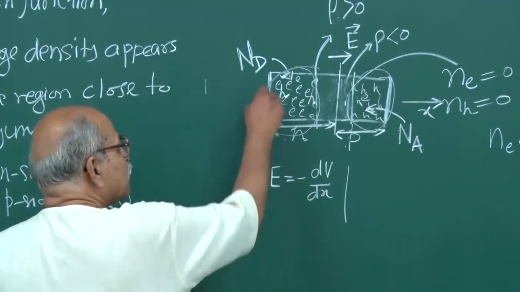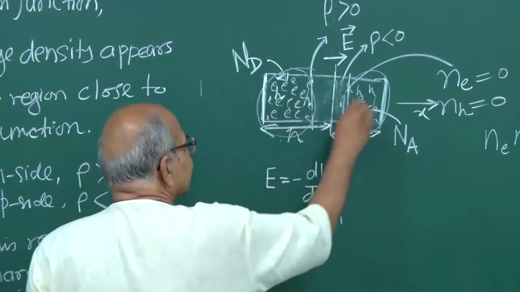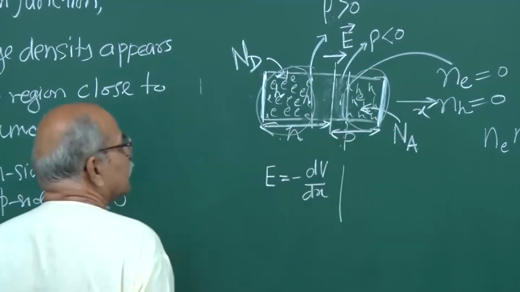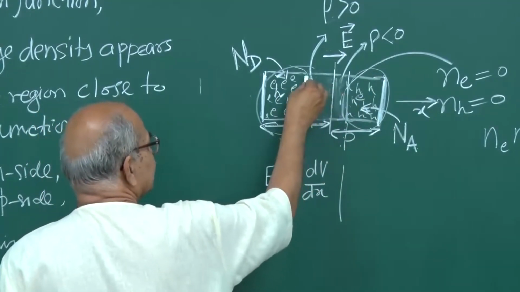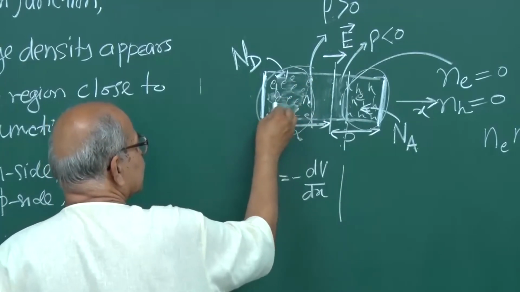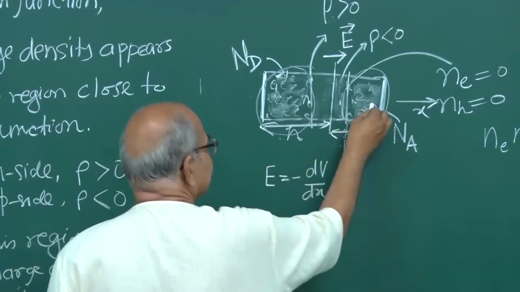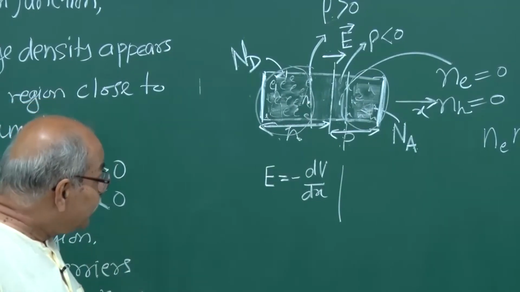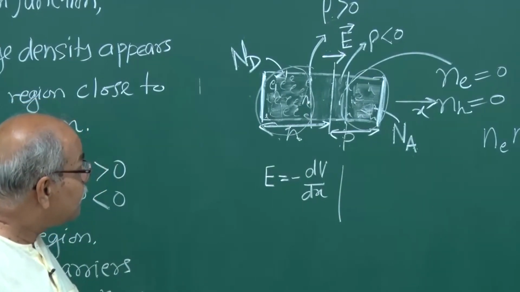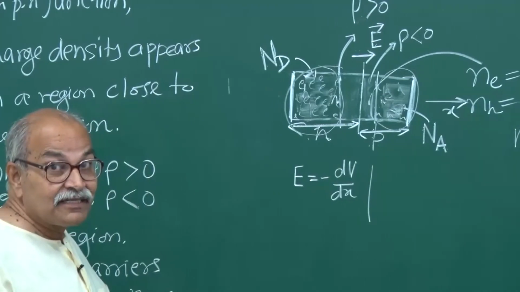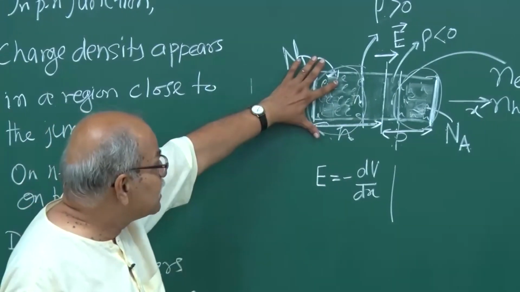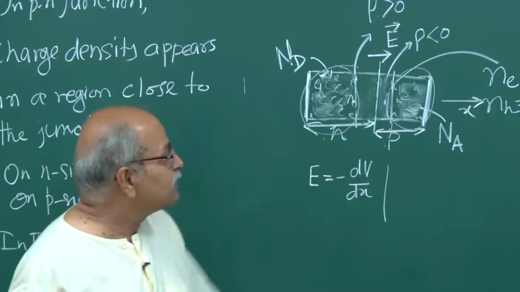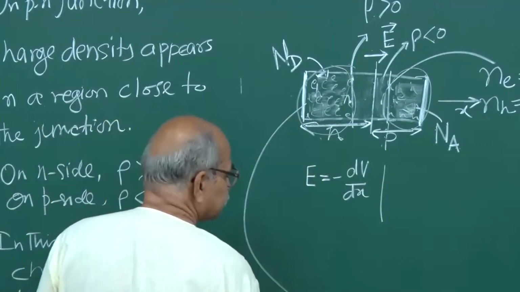So if you think of these metallic contacts here and here, the potential here is larger than the potential here because of this electric field, and you may think, that's very nice, I have gotten a battery. I have a larger potential here, a lower potential here, so let me connect a bulb.